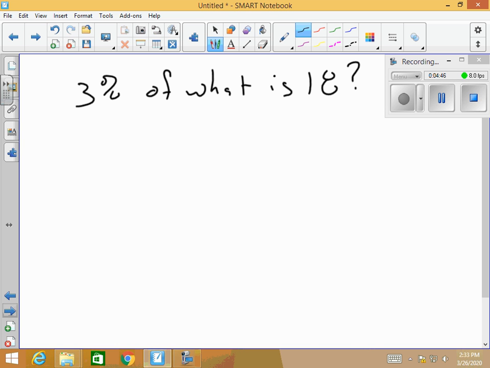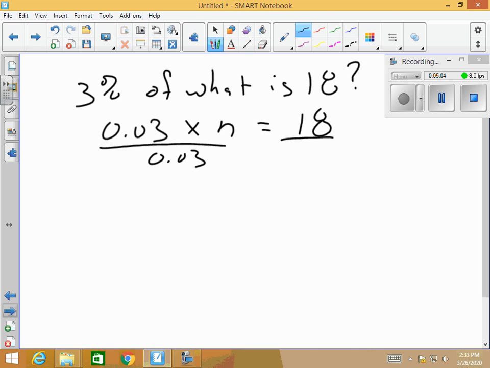And here again we have a problem with our percent. We can change it to a decimal or a fraction, whatever floats your boat, times N equals 18. We have it translated, and to separate the 3 hundredths from N, we have to divide by 3 hundredths. So now we're actually solving the problem.